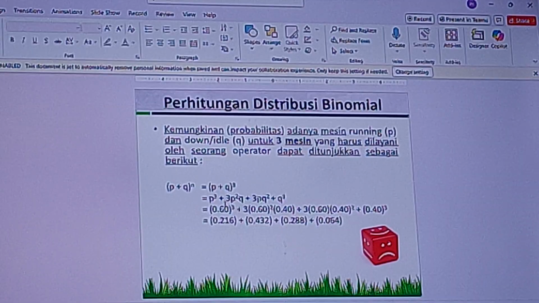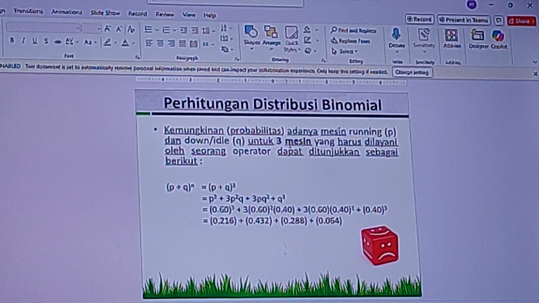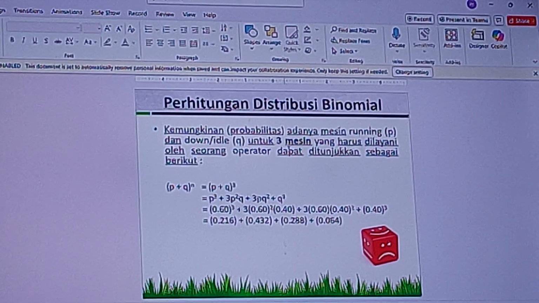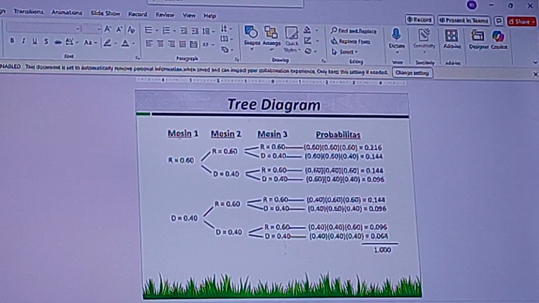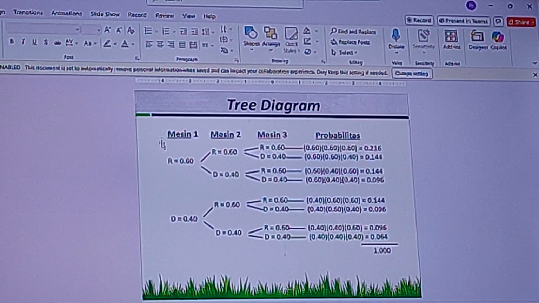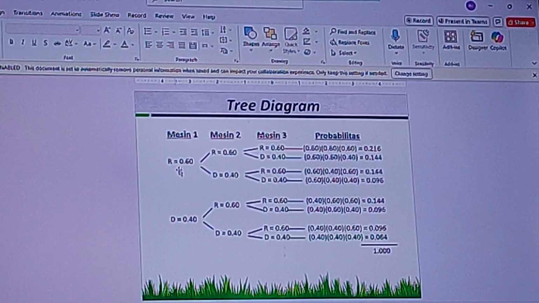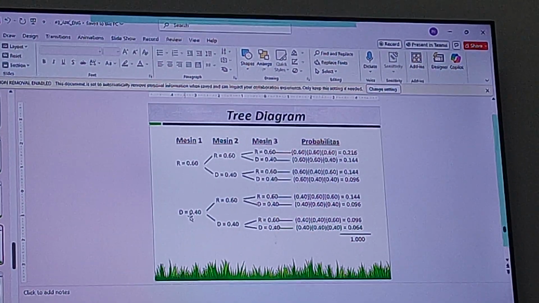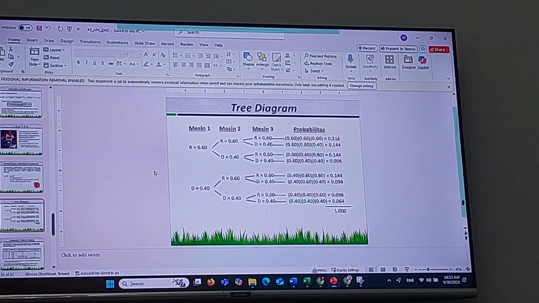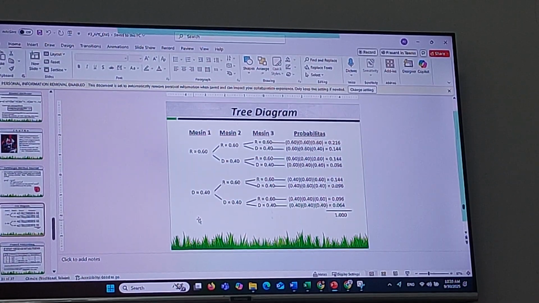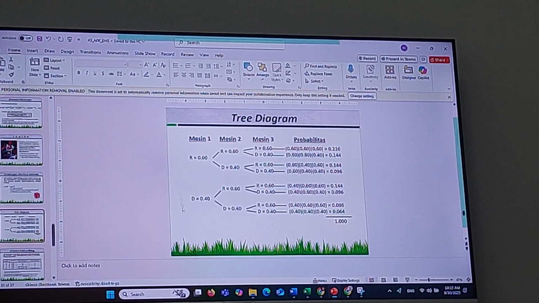But this is only how we can divide the 3 machines, and then we try to divide it like this. Because if we have 3 machines, for the first machine, we assume that the first machine is running, and then sometimes could be idle or on time. That's why we call R and T, running and on time.